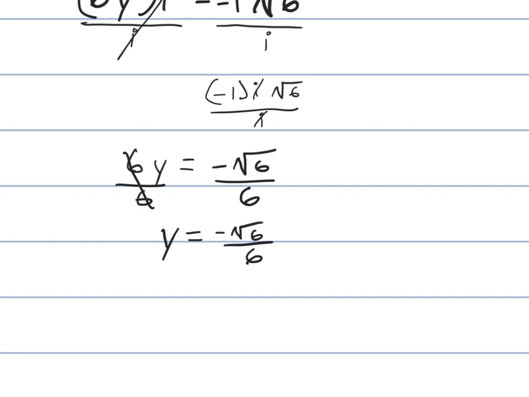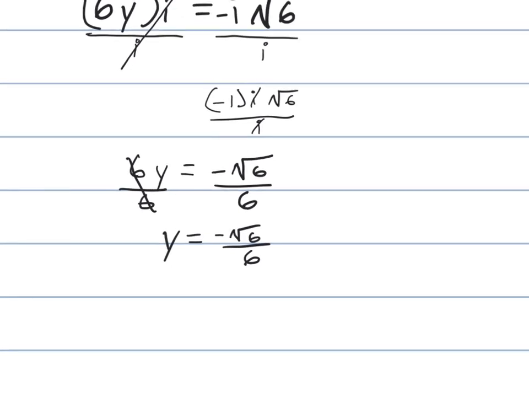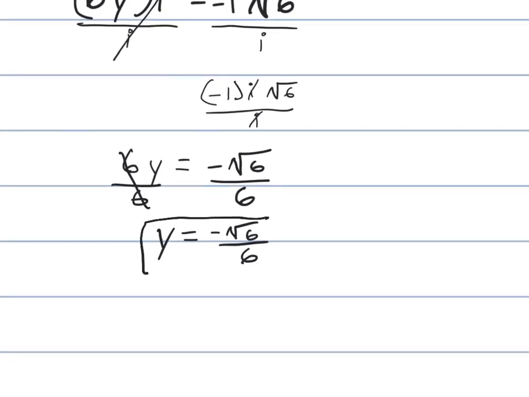Why don't I cancel that square root of 6 and 6 out? You can't cancel a 6 and a square root of 6 together. They're not the same things. One is what I call an inside number, and one's an outside number. There is no square root in the denominator, so this is okay. I don't need to do anything to that. That's my y right there. There's my imaginary part.